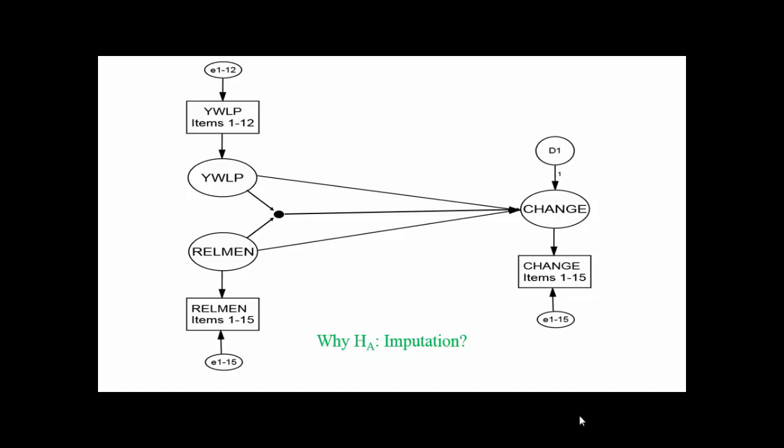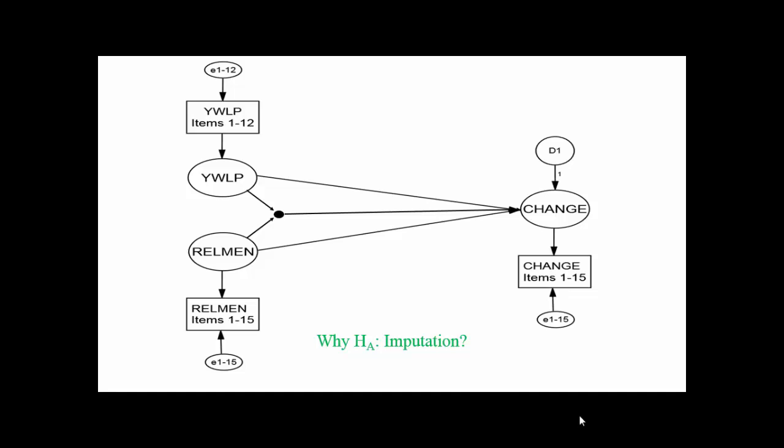RELMen is kind of the flip side of the mentorship coin. So if we're looking at how active were the teenage participants, we also need to look at what was the relative quality of mentorship, which is what RELMen captures.